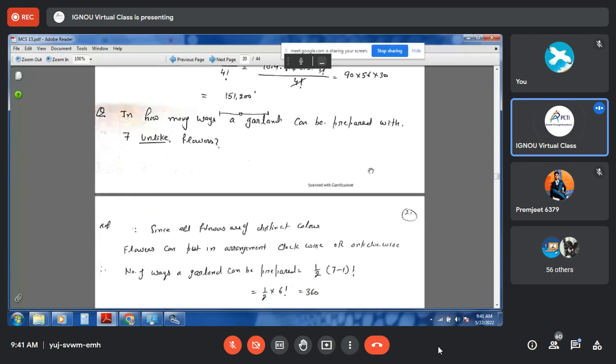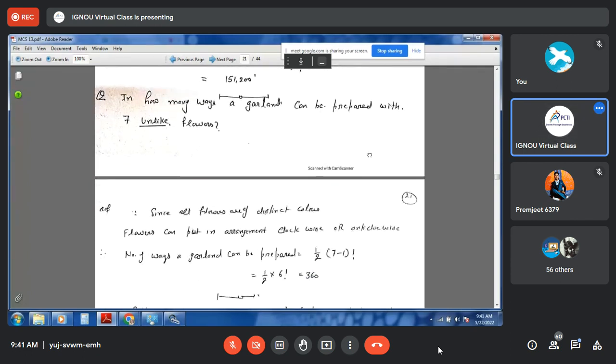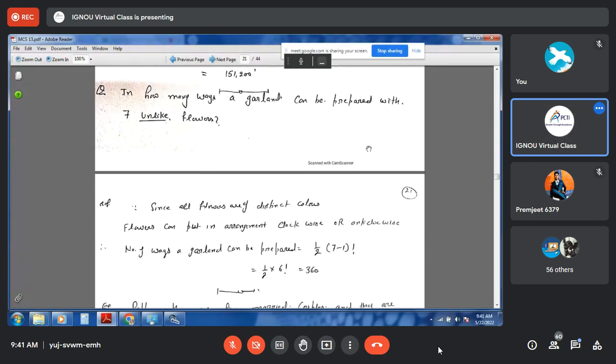You see, this numerical is from your booklet. Very short answer, but a common situation. In how many ways can a garland be prepared with 7 unlike flowers? Simple. Often we go to the worship places, we buy the garlands, but the garlands are of the same color.